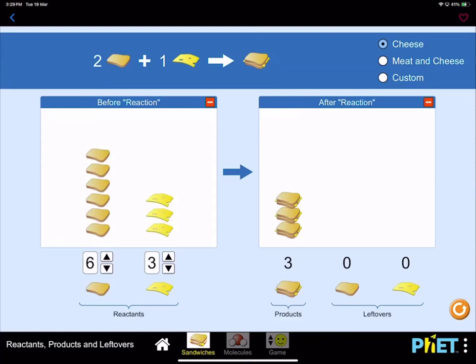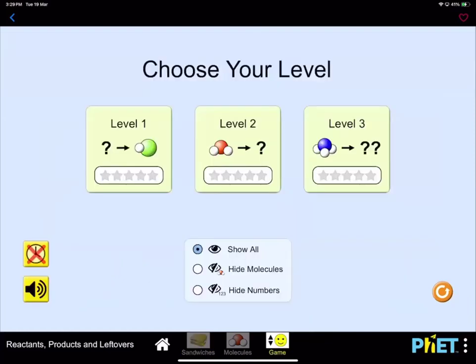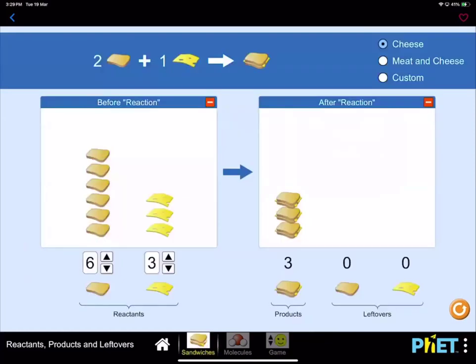Yes, sir. So see, they are in the perfect ratio, right? Now see, if I remove one cheese slice, then I will get 2 bread slices unreacted or unprepared.